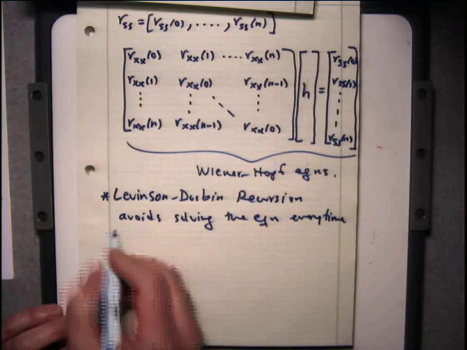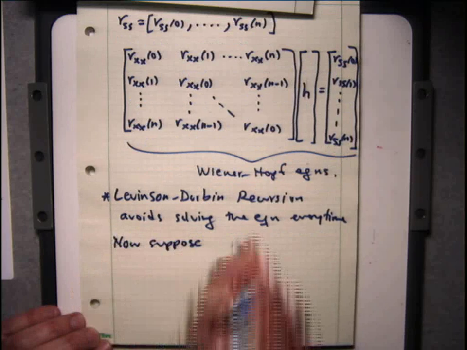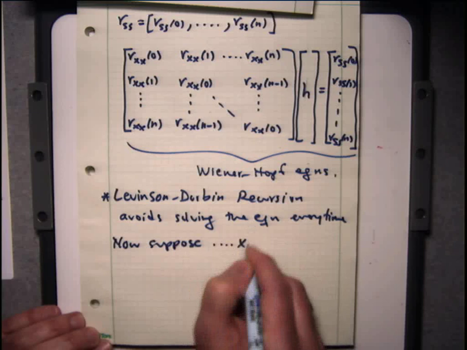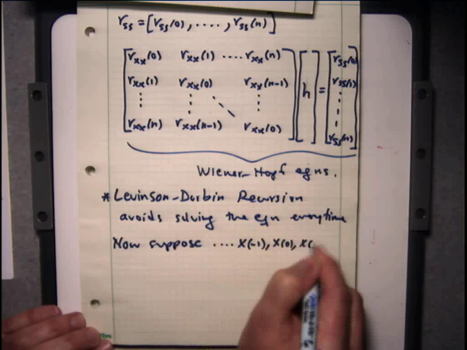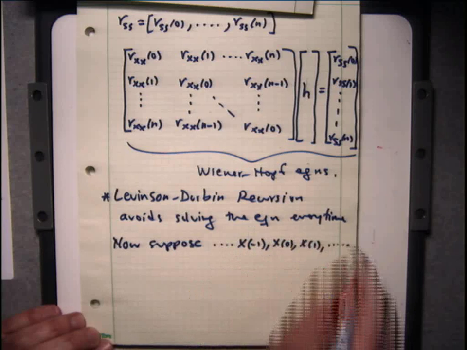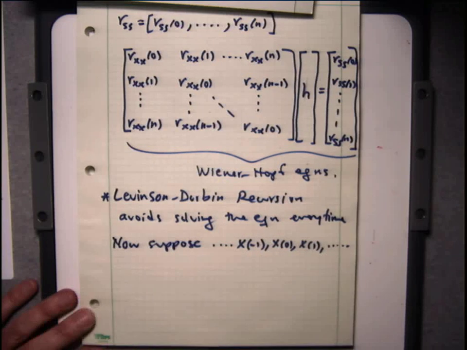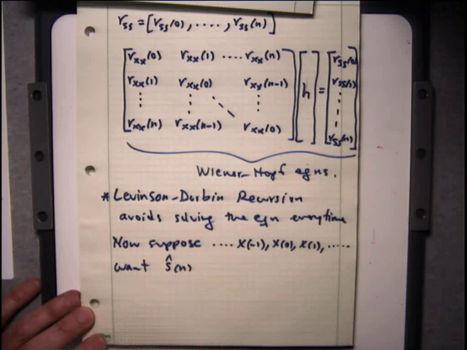So suppose you have data going all the way back, and then x of minus 1, x of 0, x of 1, and then going all the way forward. And still, what you're interested in is s hat of n for a particular n. So you have an infinite two-sided stream of data, and you want s hat of n.